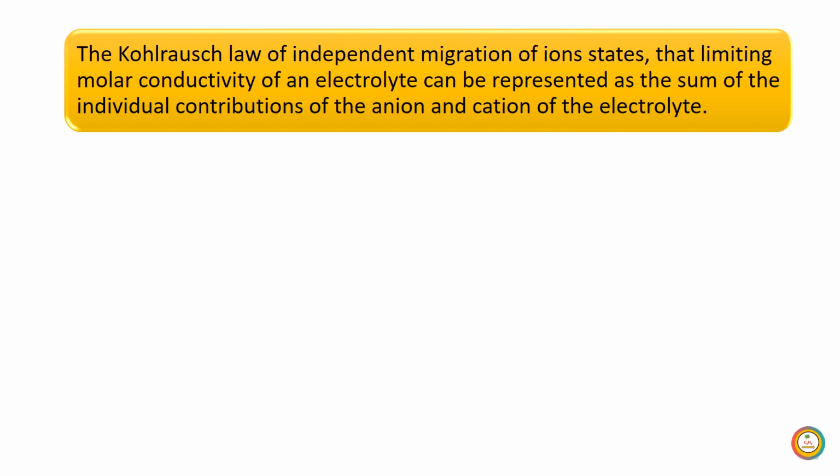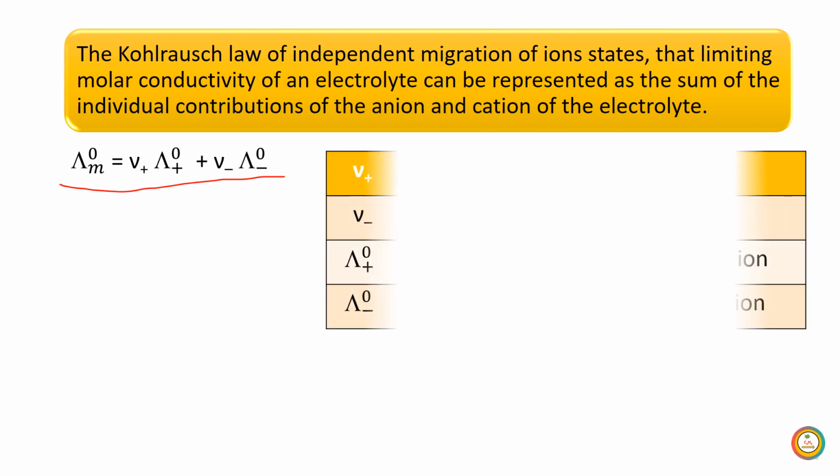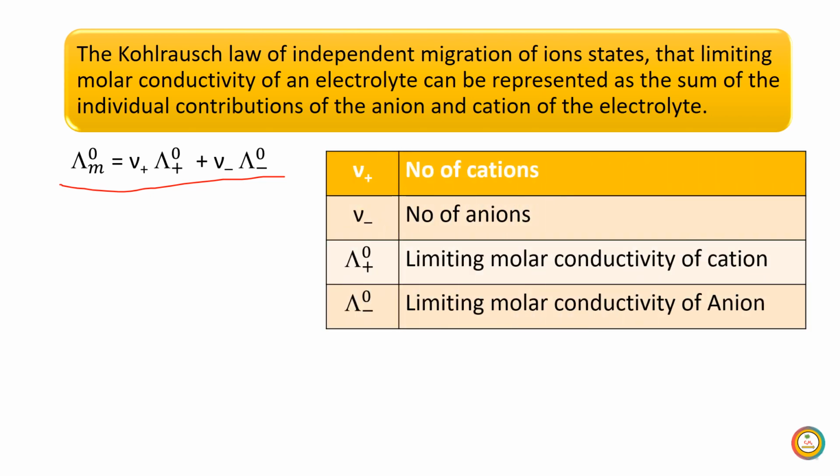This is known as Kohlrausch's law. The mathematical formula for Kohlrausch's law is lambda m0 equals v plus lambda plus 0 plus v minus lambda minus 0. v plus means the number of cations, v minus means the number of anions, lambda plus 0 means the limiting molar conductivity of the cation, and lambda minus 0 means the limiting molar conductivity of the anion.